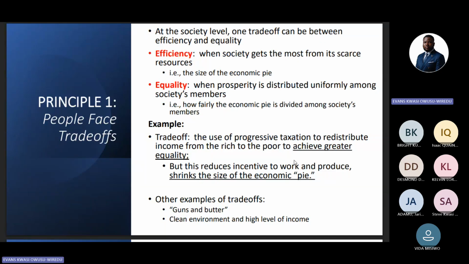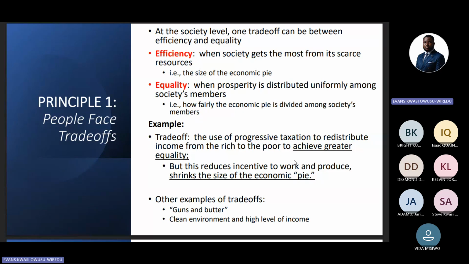You see, if you look at progressive taxation, you look at someone who has really suffered and gone through the system, where the rich should be taxed more and the poor should be taxed less, so that there will be fairness in the system.